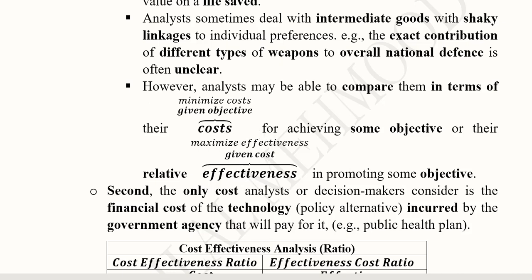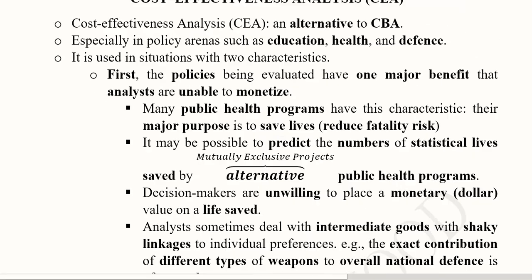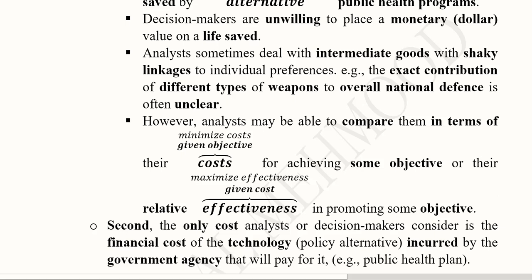So these are the two ways of doing the CEA, that is to either minimize the cost while keeping the effectiveness constant, or to maximize the effectiveness while keeping the cost at a given level. So this is one thing, that is the benefits, how they exist in the CEA.